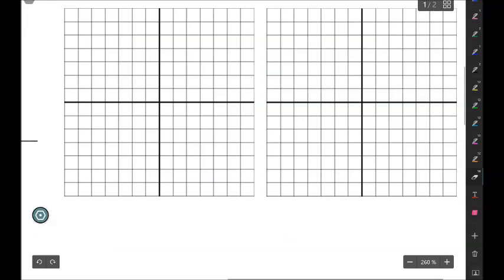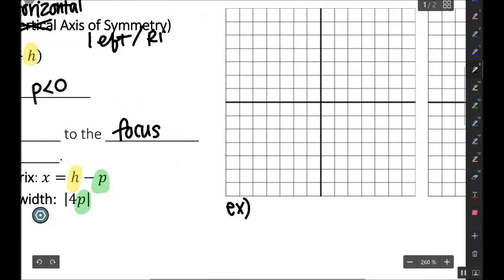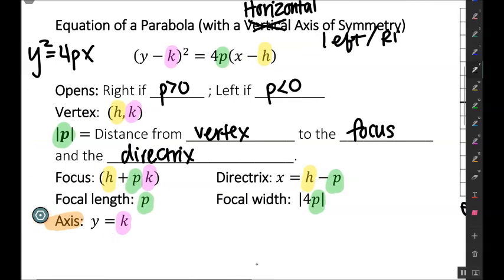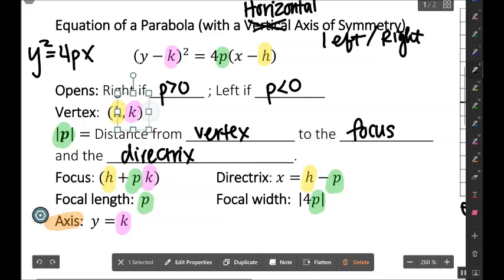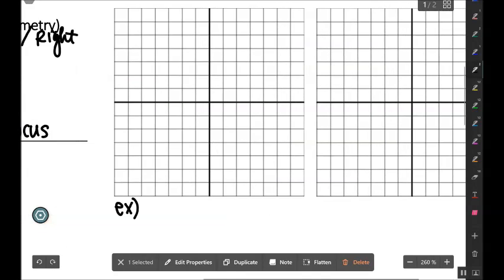Okay, first example we're going to do is one that opens to, let's say, the right. So if it's going to open to the right, then we're going to have a positive p. And again, we're going to keep our vertex at the origin. So let's do y squared is equal to 12x.